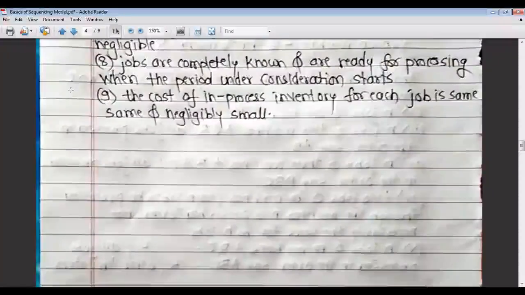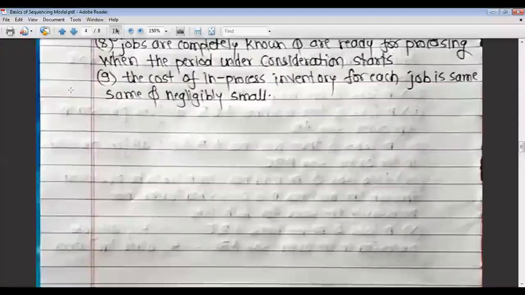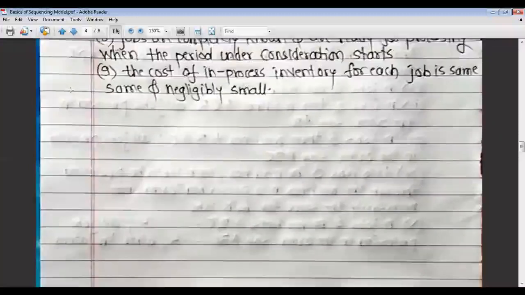We know the jobs are completely known to the operator, and the machine is ready for the operation as soon as the job is received. The cost of in-process inventory for each job is the same, and it is negligibly small.